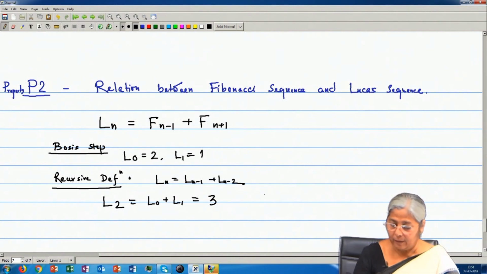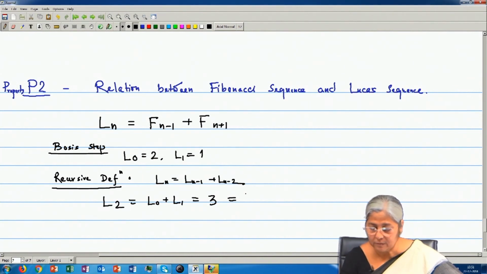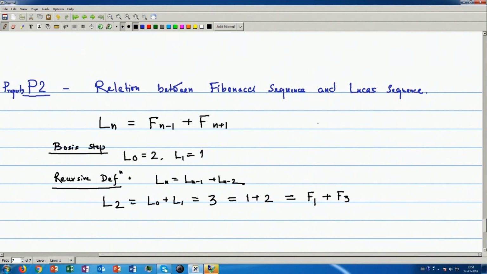Okay. And I can write 3 as 1 plus 2, and if we remember that this is f 1 plus f 3, because in the Fibonacci sequence, f 0 equal to 0, f 1 equal to 1, f 2 equal to 1, f 3 equal to 2, then f 4 equal to 3, like that.